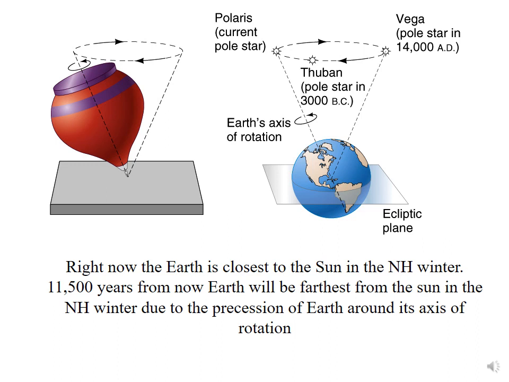So right now, the Earth happens to be closest to the sun in the northern hemisphere winter, but 11,500 years from now, the Earth will be furthest from the sun in the northern hemisphere winter due to the precession of Earth around its axis. So what this really does is it changes the season at which we are at close proximity to the sun.